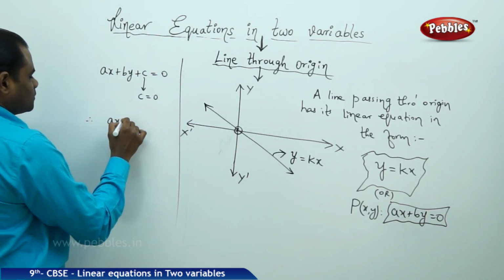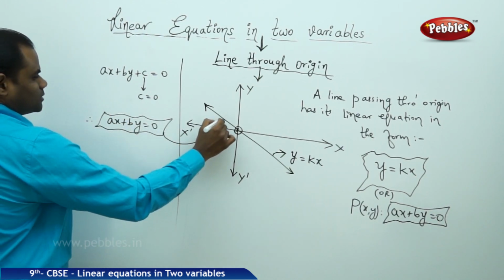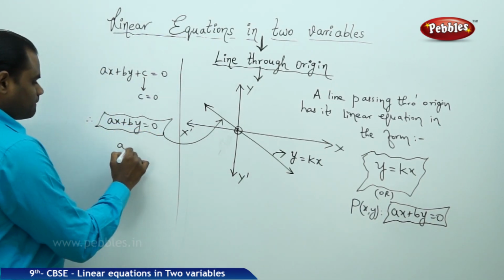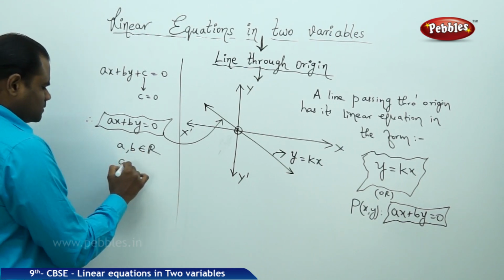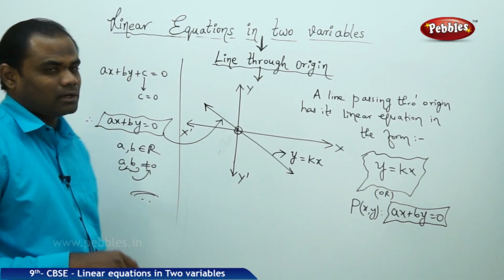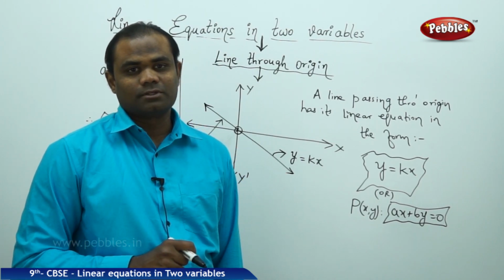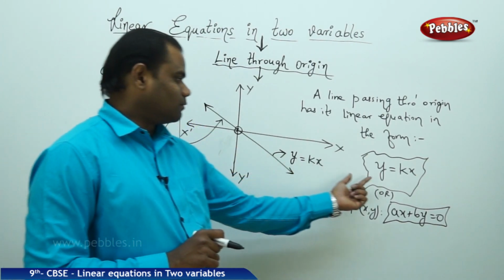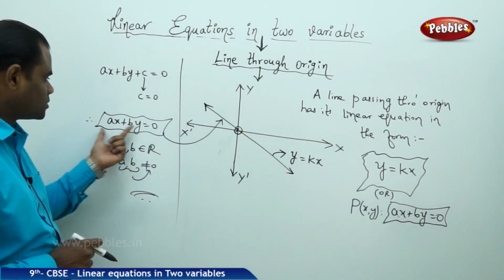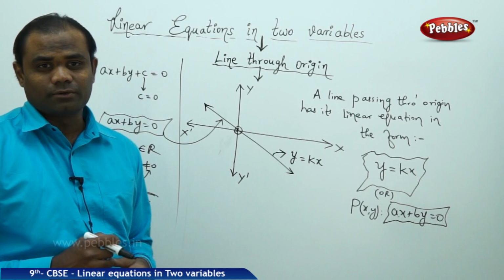Therefore, a line which passes through origin would be in the form ax plus by equal to 0, with a and b belonging to real numbers and both non-zero. That is the special case of a line passing through origin, which can be expressed in the form y is equal to kx or ax plus by equal to 0, with the conditions a and b being real numbers and both non-zero.